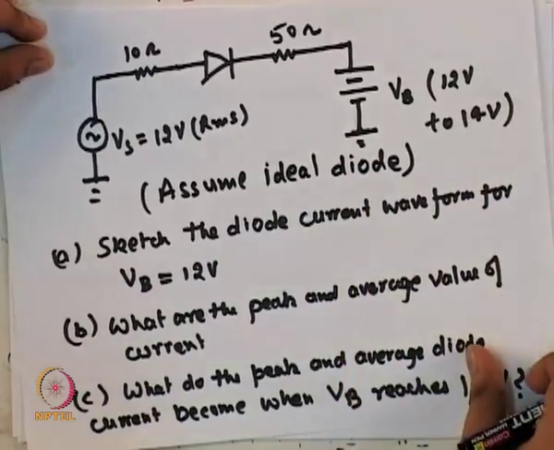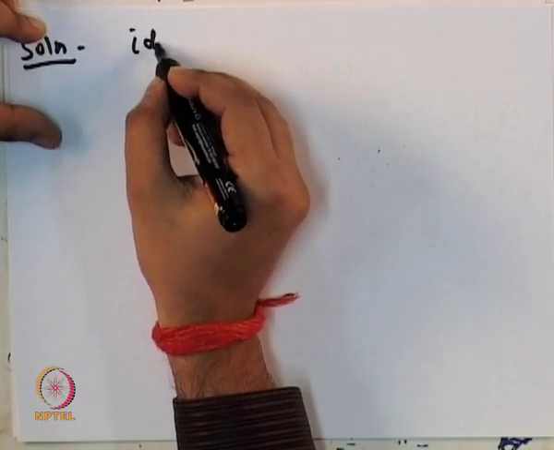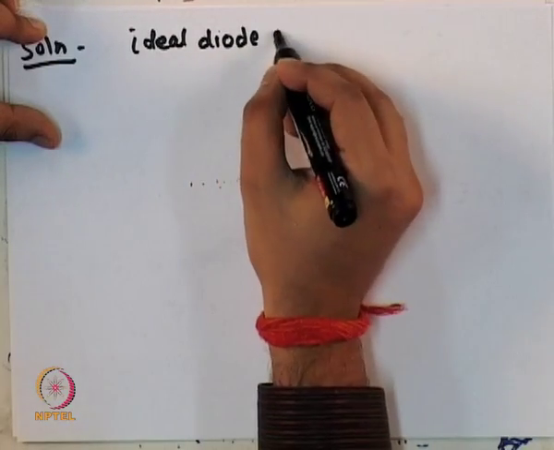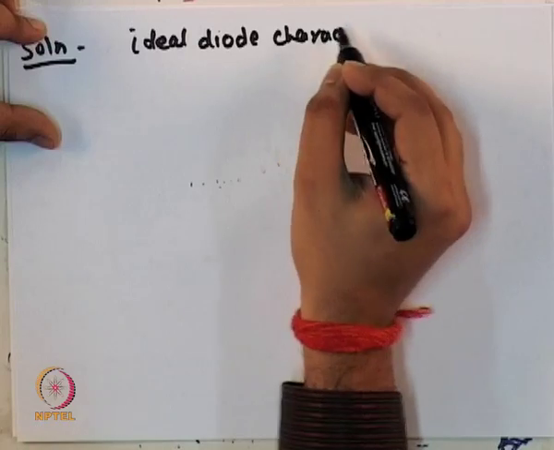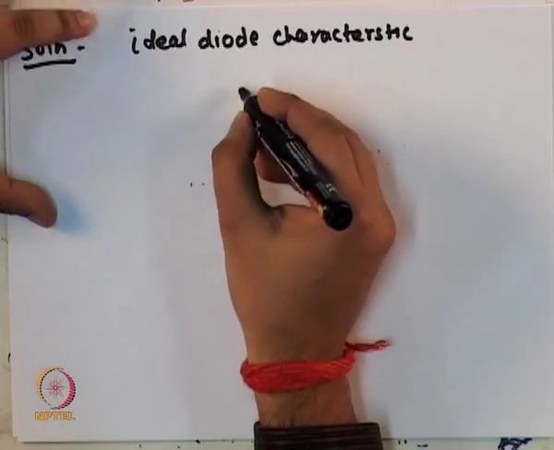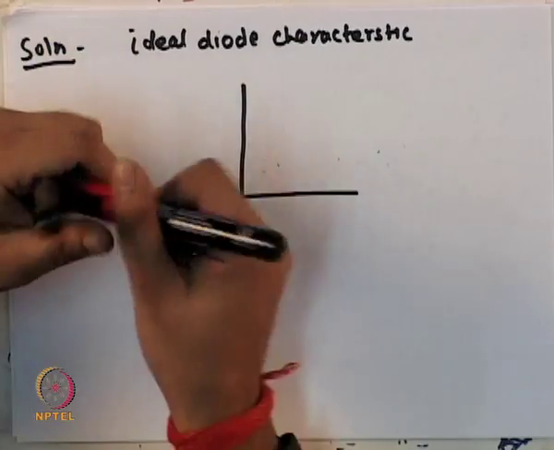So what is the ideal diode characteristic? Which is like this.